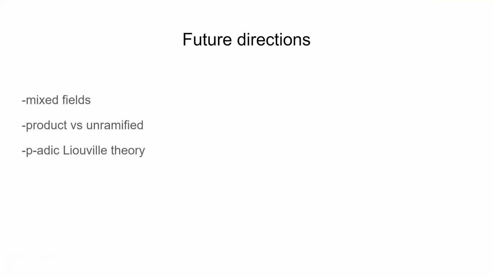But the general case can be done. I'm going to talk about this later. I consider that case in a preprint that you can see. So the point is that unramified extension is just simpler. Yes, of course, that's the point. Okay, but the general case can be studied.